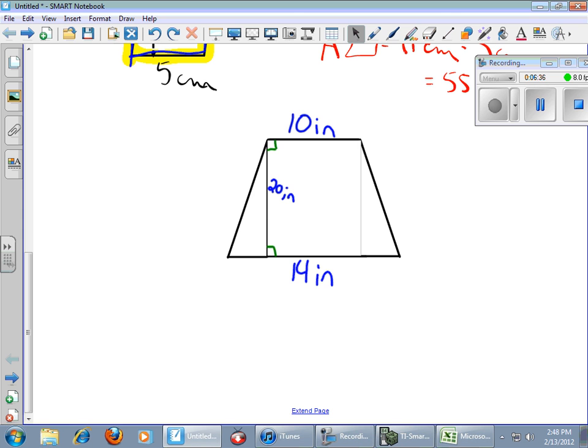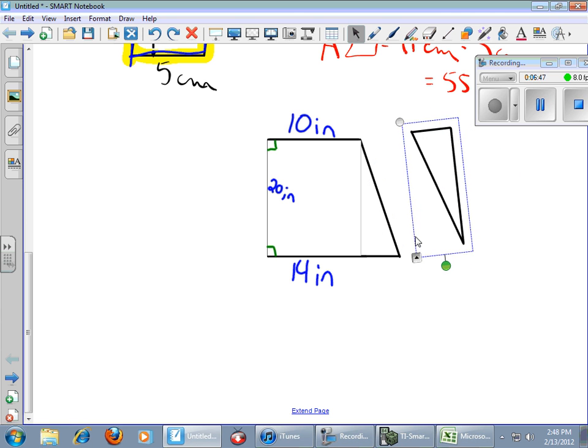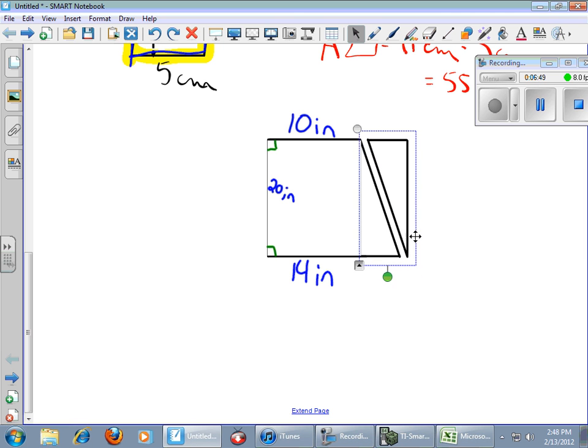If you notice, if I take this piece off of here, and let me flip it and spin it, and look at that, I make a perfect rectangle again. But I don't know if you realize this, the dimensions have changed. These are no longer 14 and 10.